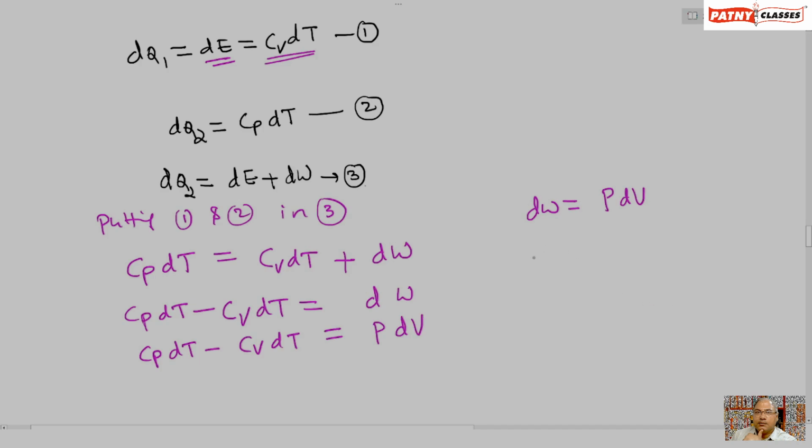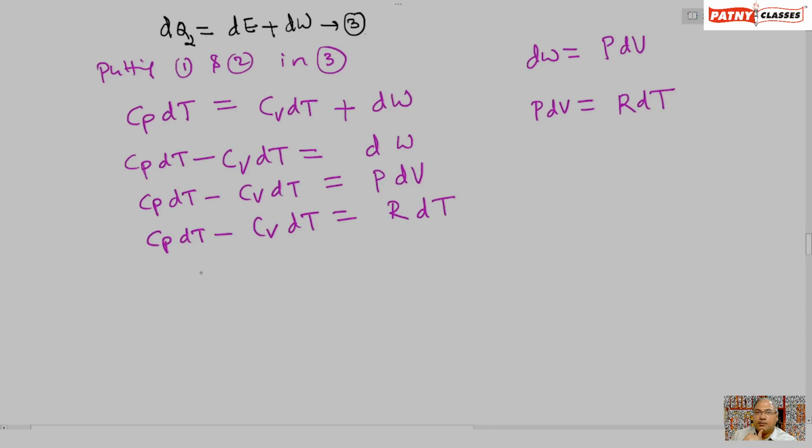But P into dV equals R into dT from the gas equation. Therefore Cp dT minus Cv dT equals R into dT. Now taking dT common, (Cp minus Cv) dT equals R into dT.